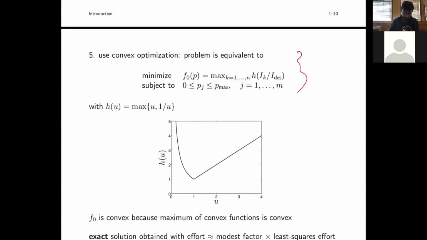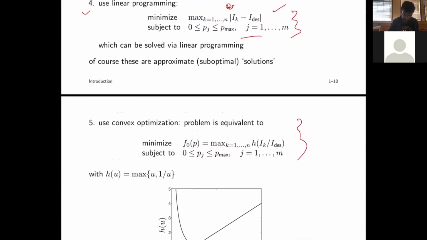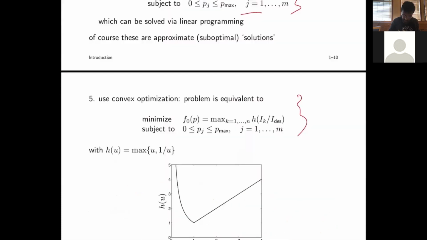Why? Because I can write the same problem as max of, so everything is the same. Here we have max, here we have max, and instead of this log function, I am introducing a function h ik by id. So how is this coming?